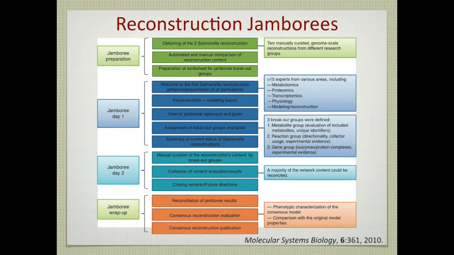It is characterized more by group efforts, and in the late 2000s, this notion of a reconstruction jamboree was formulated, like a sequence annotation jamboree, where you get the experts together in a room for a couple of days or so to help curate the literature and have every domain expert come in and share their knowledge, and then formalizing it through the reconstruction process with all the QC, QA steps that are involved. So a reconstruction jamboree was carried out for yeast, for human, for salmonella, and I think TB, and some others.